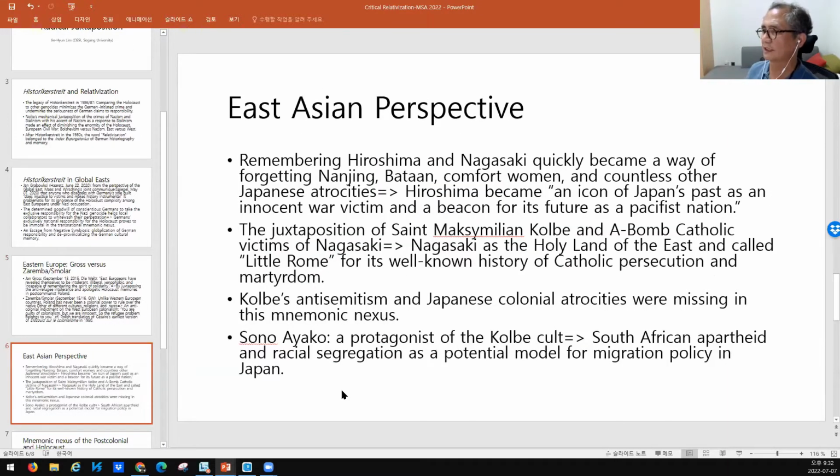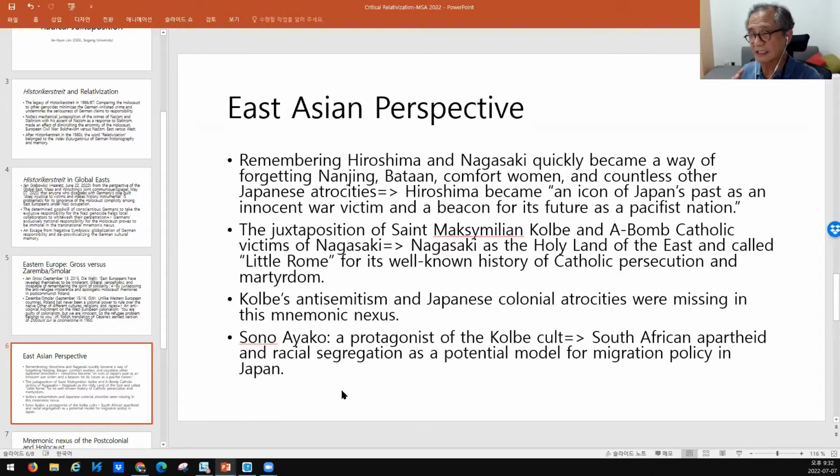And also from an East Asian perspective, we can quite often see this. Remembering Hiroshima and Nagasaki quickly became a way of forgetting Nanjing, Bataan, comfort women, and countless other Japanese atrocities, especially since Hiroshima became an icon of Japan's past as an innocent war victim and a beacon for its future as a pacifist nation.